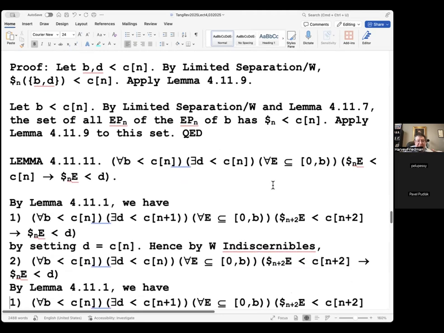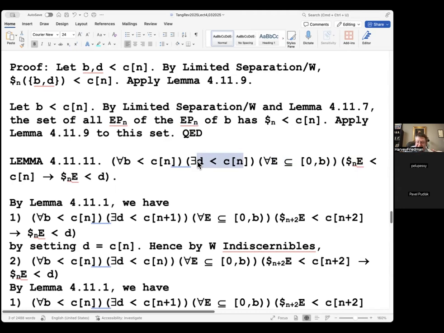Now, this one here is at the heart of how power set is going to come out. So given any place less than Cn, I can look at all the subsets of that place, and I want to find a fixed place also below Cn, such that everything is constructed by that level.